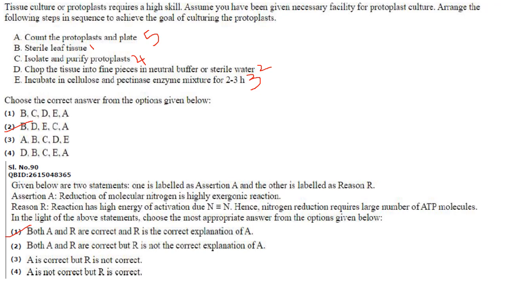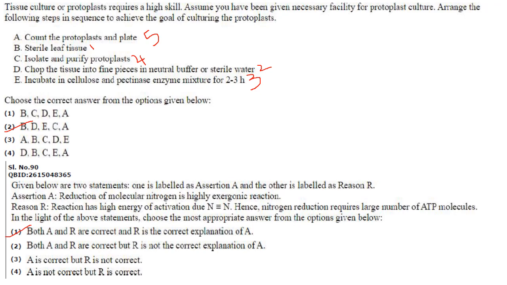First step will be sterile leaf tissue. 1. Isolate and purify the protoplast. 2. Then incubate in cellulase and pectinase enzyme. You have to remove the cell wall, so for that you have to incubate in cellulase and pectinase enzyme mixture for 2 to 3 hours. Then next will be, I made a mistake.